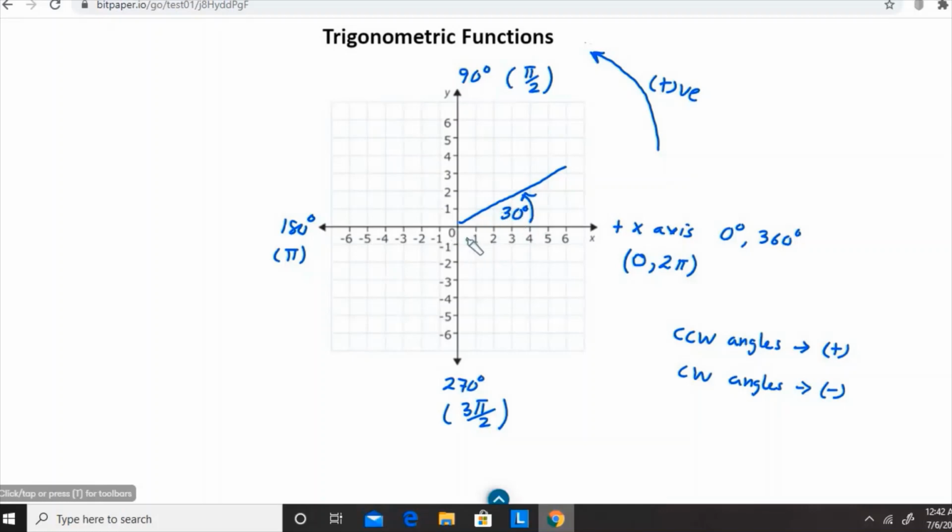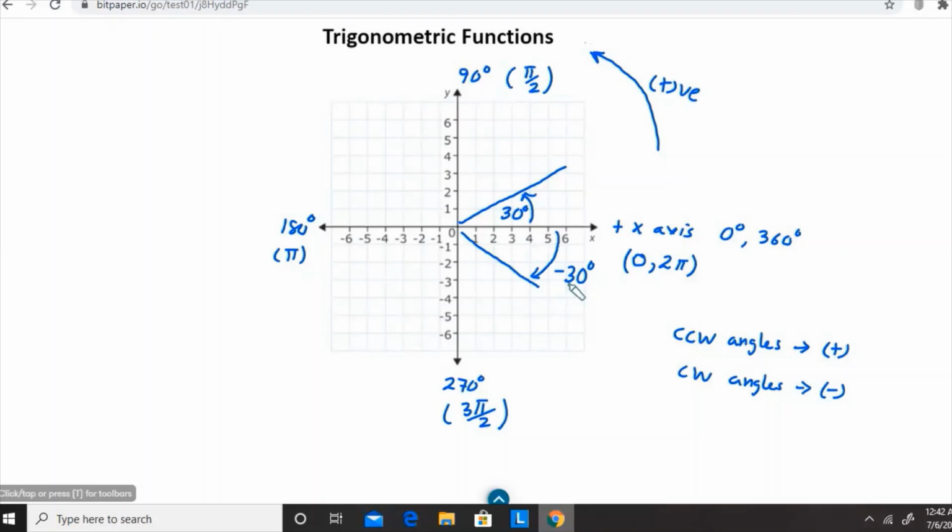Now if I measure the same angle relative to the positive x-axis in the clockwise direction, that's going to be negative 30 degrees. Okay, it's not positive 30 degrees, it's negative 30 degrees. So that's the important thing that I want to discuss.